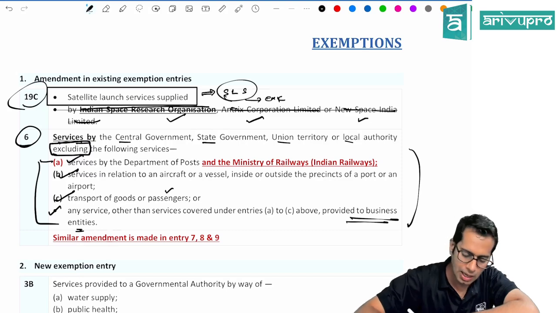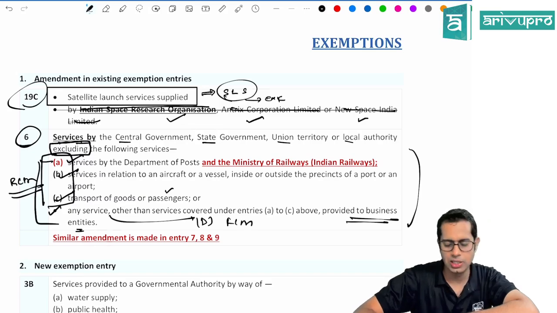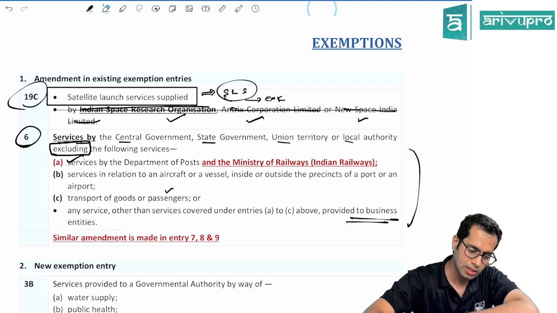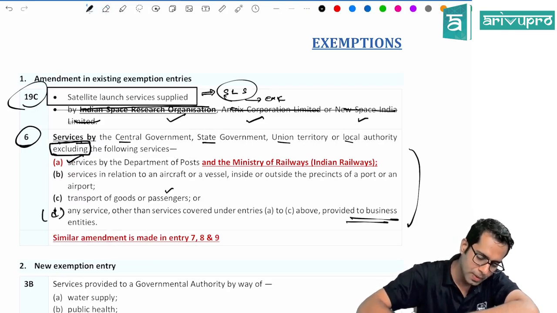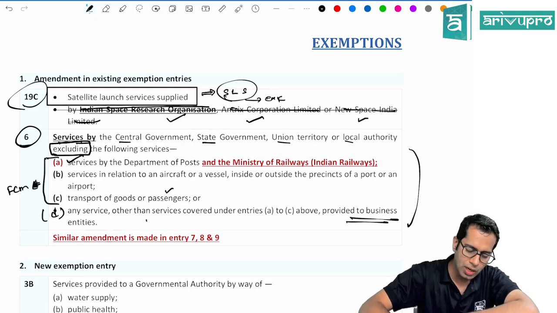Sorry, I said it the wrong way around. Normally, in case of points A, B and C, it is taxable under forward charge, and point D is taxable under reverse charge.